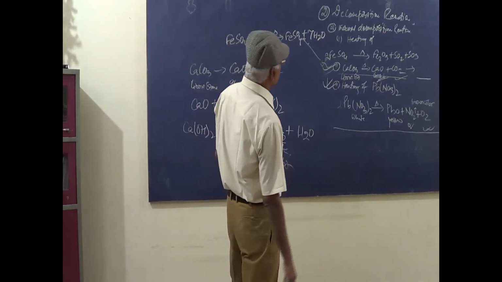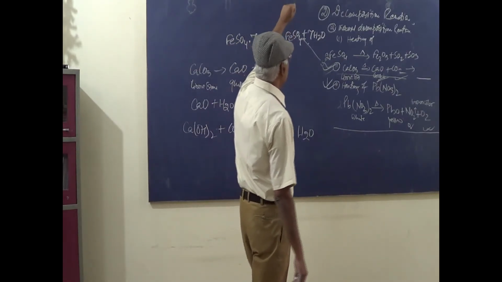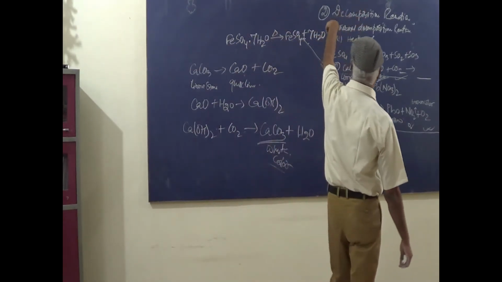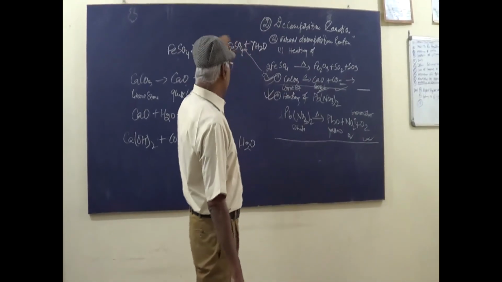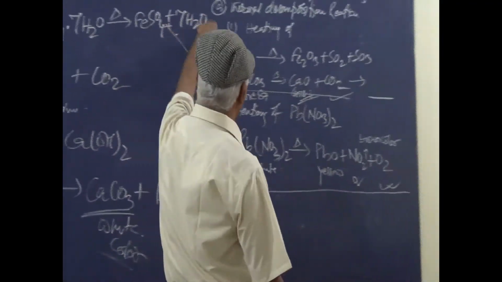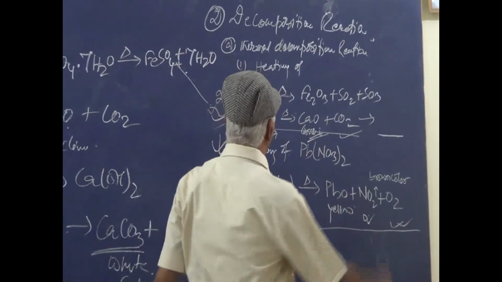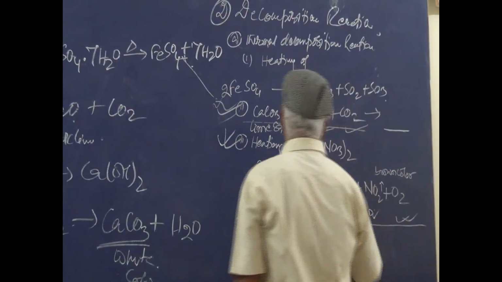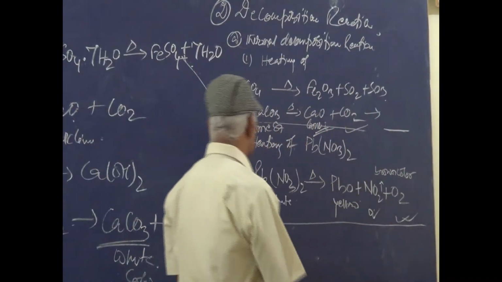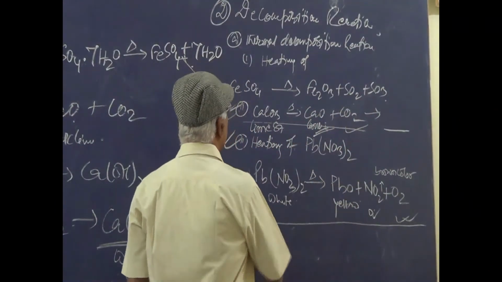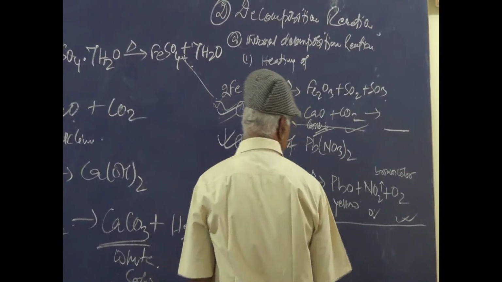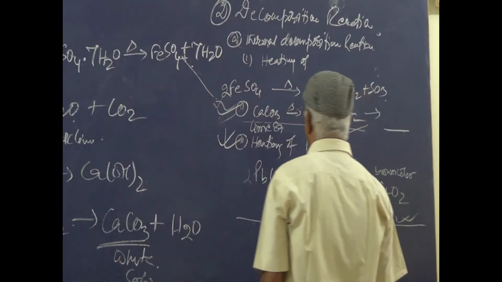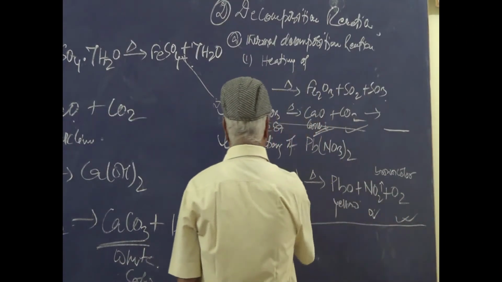Now check whether all the reactions are balanced or not. We taught you the thermal decomposition of FeSO4.7H2O to Fe2O3, SO2 plus SO3, it is balanced. CaCO3 to CaO and CO2, it is balanced. Lead nitrate: take 2 Pb(NO3)2.